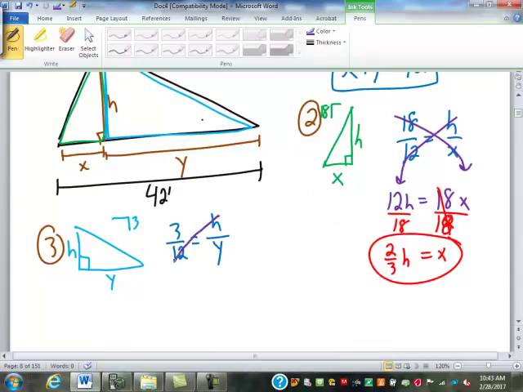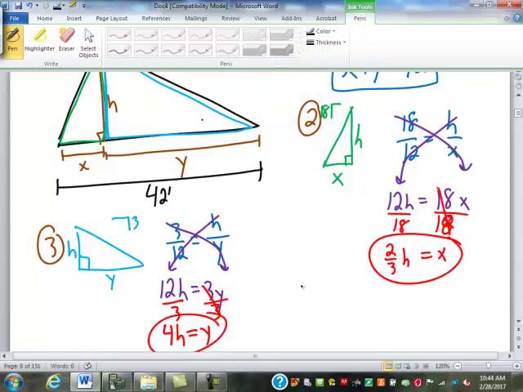H times 12 is 12h. 3 times y is 3y. And then solve for y by doing, we divide by 3. So y is equal to 4h, or 4h is equal to y.